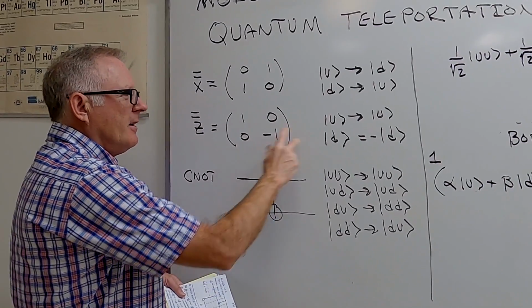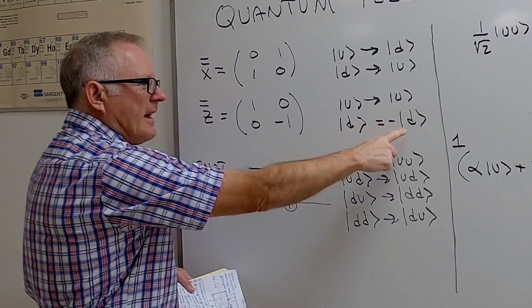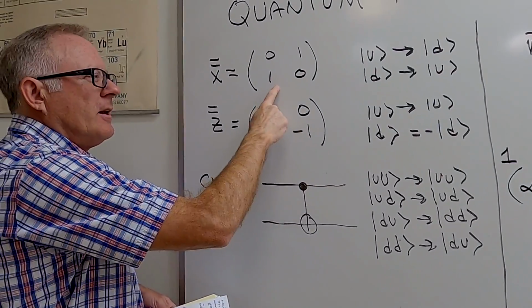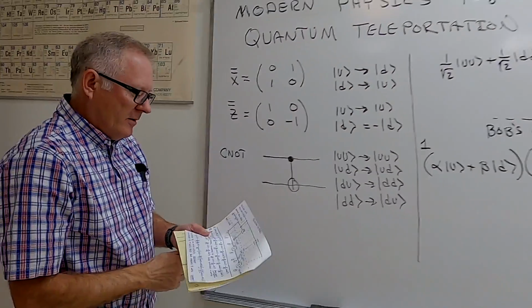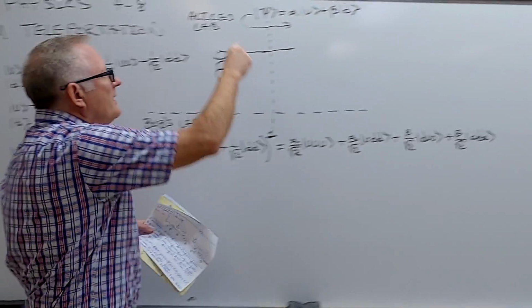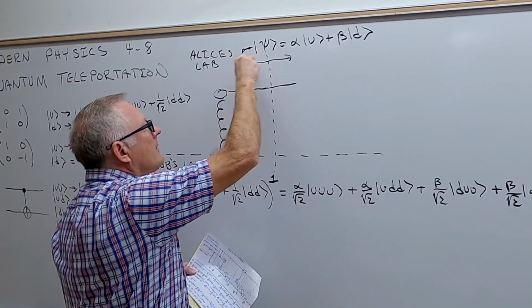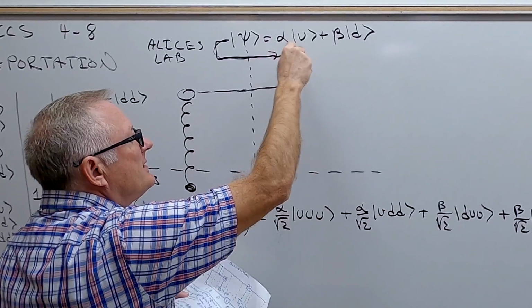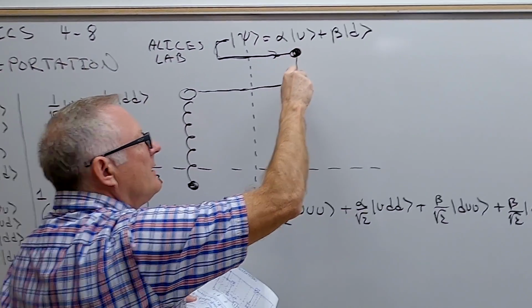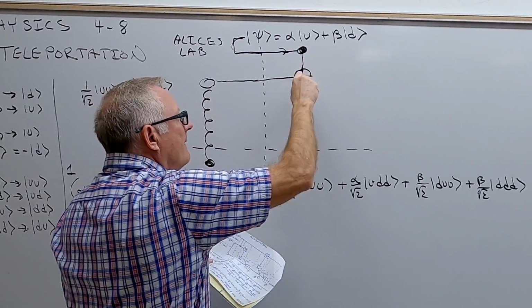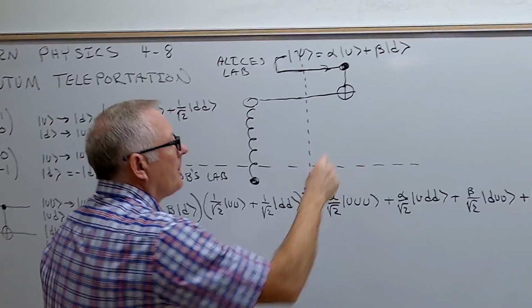This one up here didn't do anything to up, turned down to minus down. This one up here turned ups to downs and downs to ups. So what's she going to do with this bit right here? She's just going to do a C-NOT between this one and this one right there. That's what she's going to do.